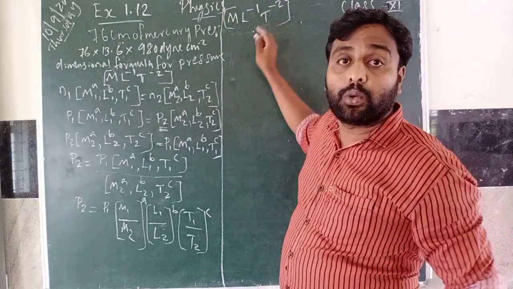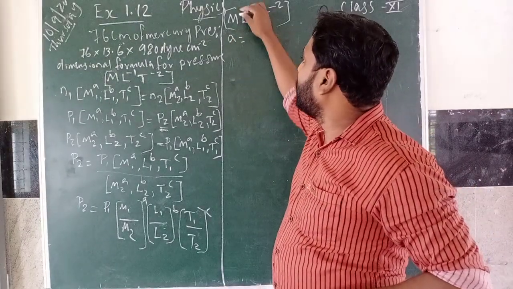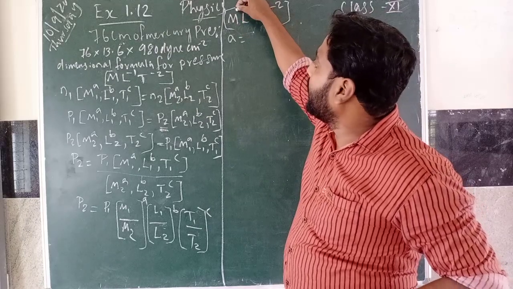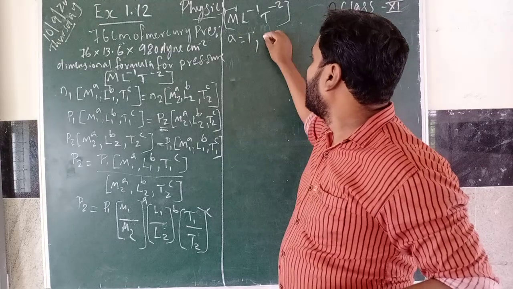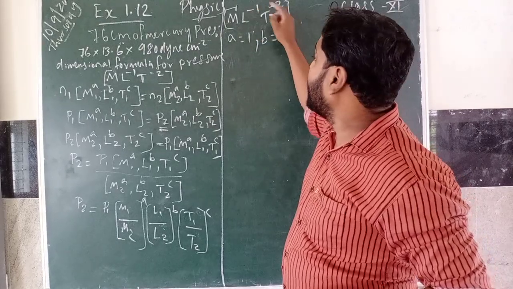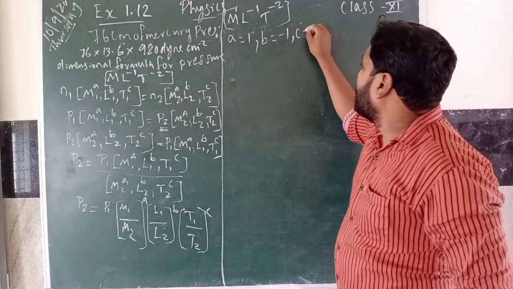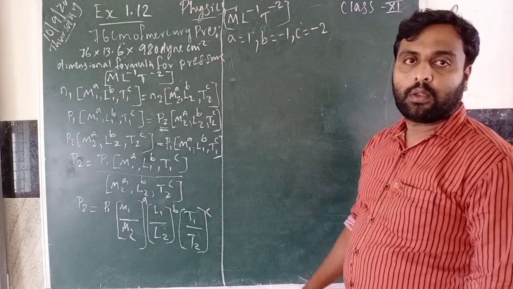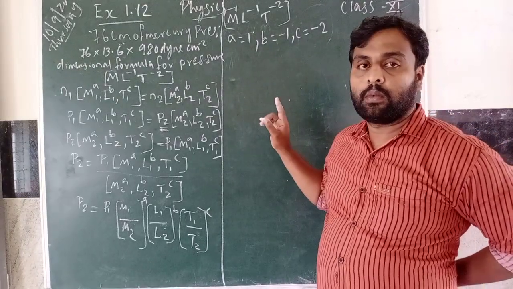This is used to take the a, b, c values. So a is the power above M, which is 1. b is the power above L, so minus 1. c is the power above T, which is minus 2. So these are the a, b, c values.